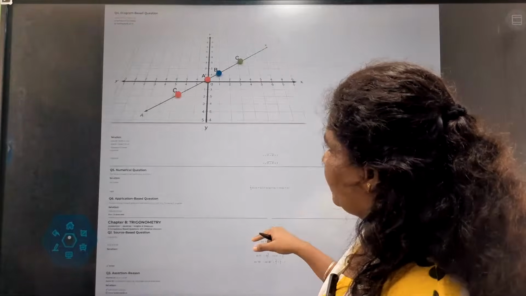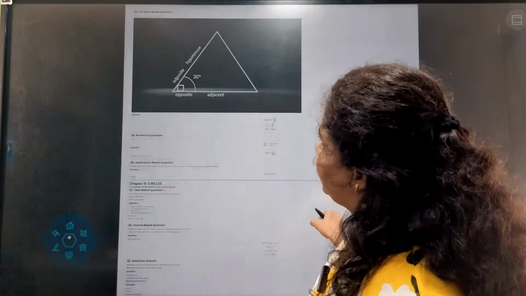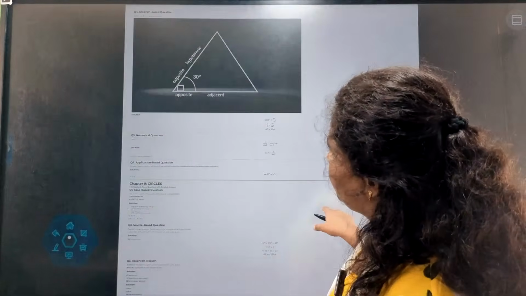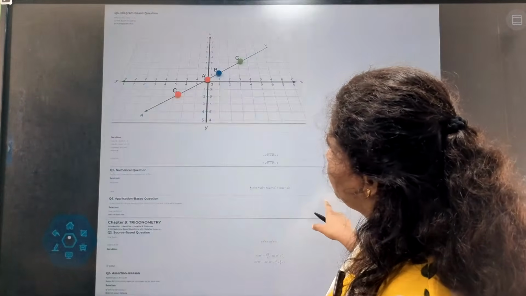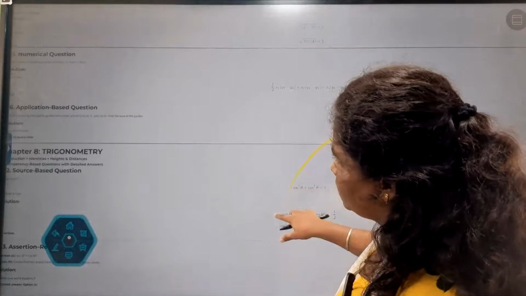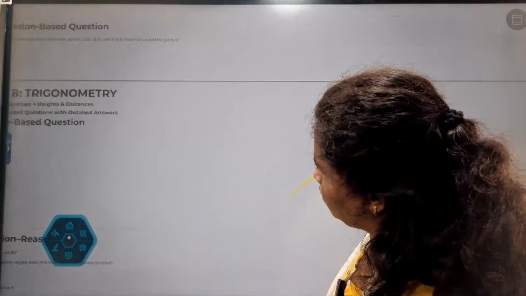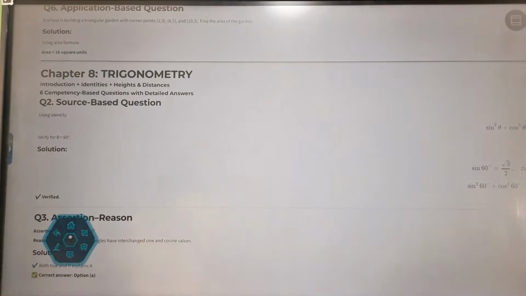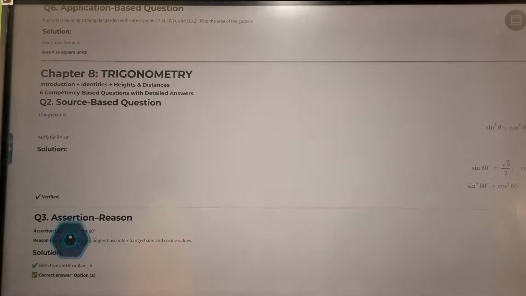And then in 10th, the very easy chapter is trigonometry. It's easy. Yes, is trigonometry easy or tough? What about Ragul? Yes, k is equal to 2. It's right. Yes, Ragul, k is equal to 2 is right. Okay.